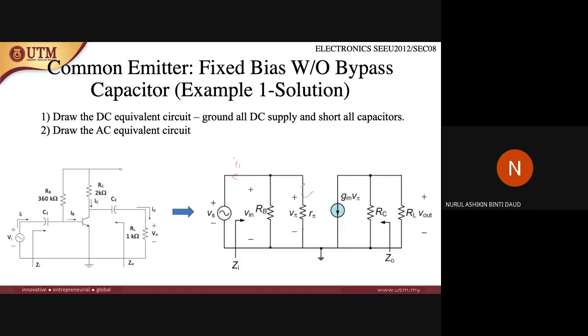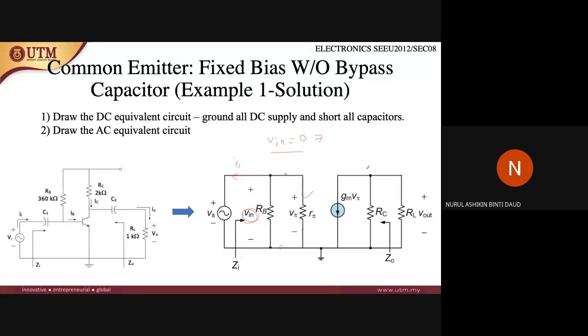We can find the value of I here. Since we know that it is 0.7 volts, since we know that the value of VBE here is 0.7, right? So here should also be 0.7. So V in should also be equal to 0.7, sorry, because it is parallel. So V in is also 0.7.